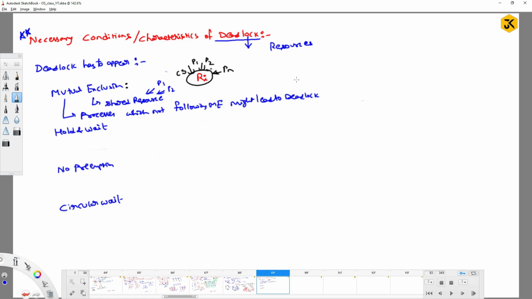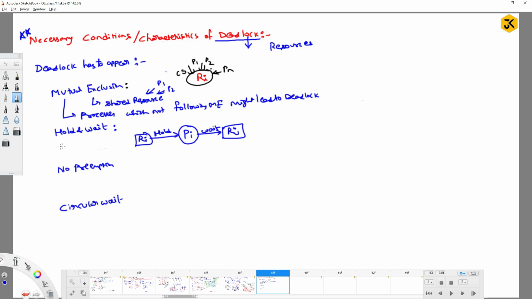But if a process follows the mutual exclusion concept, definitely there won't be any kind of deadlock. Okay, next one, hold and wait. If process Pi is holding a resource Ri and waiting for another resource Rj, then if this kind of situation occurs, there might be a deadlock.